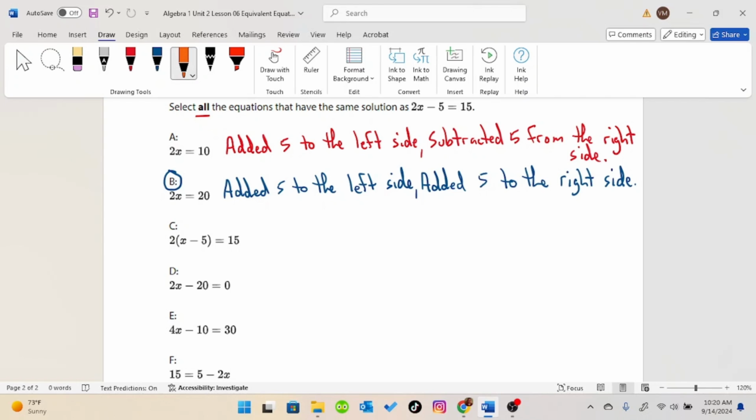So if we actually distributed this, 2 times x becomes 2x, 2 times -5 becomes -10. -10 does not equal -5, so this is not an equivalent equation.